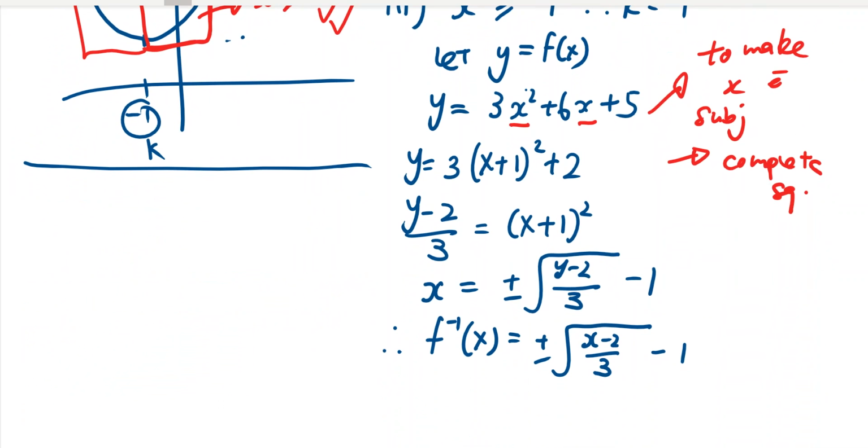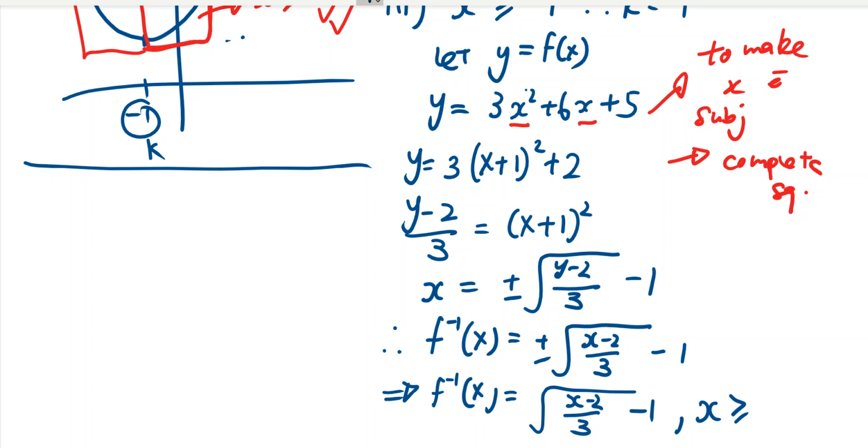So your answer for f inverse of x is equal to the positive one, the square root of (x minus 2) over 3, minus 1. Always state the domain. x must be greater than or equal to -1. This is the domain for which this f inverse can exist.